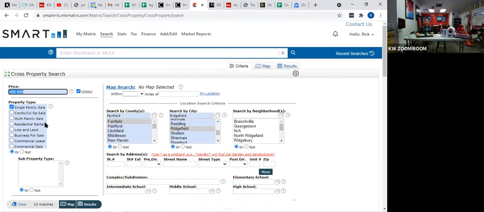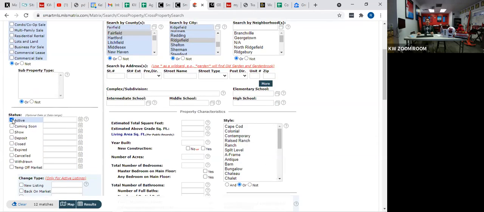Just for grins and giggles, let's redo the math for anything over $1.5 million. Anything over 1.5 million, we've got 14 properties that have closed in the last 90 days.